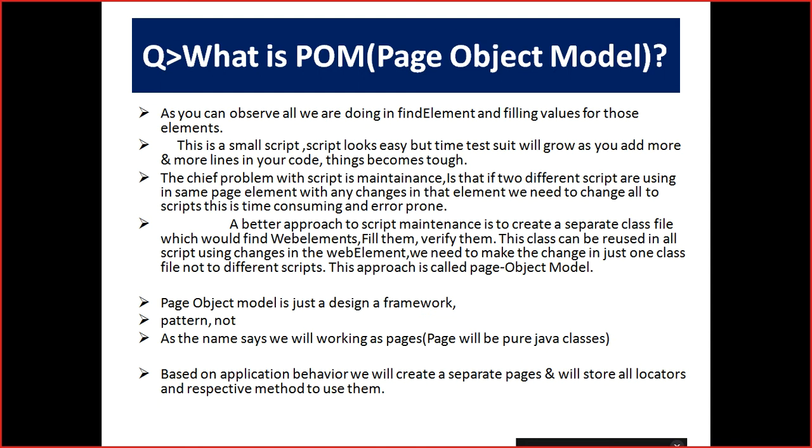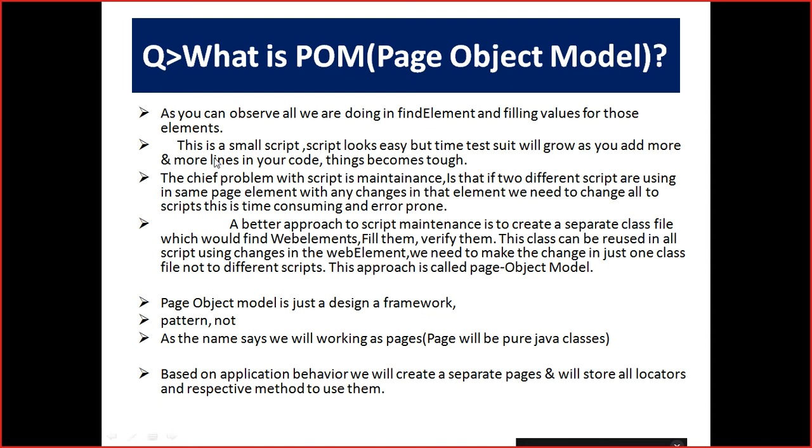Then what is your job, right? Your job is that some features are added, some features are going to change, right? So you have to run the regression suite, all the 1000 test cases, you have to execute, right? So mostly in automation we are going to do regression testing.